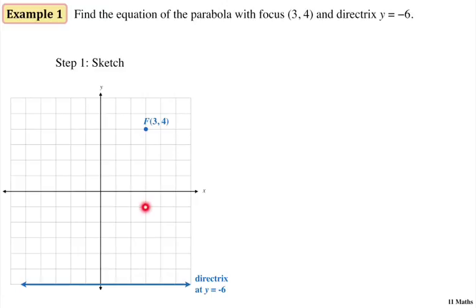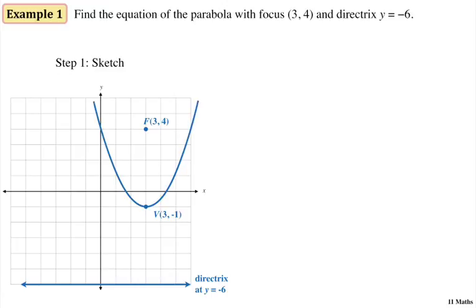So the vertex would be out 3, down 1. If you look where my red dot is, you can see there are 5 units above it and 5 units below it, so that's where the vertex would be. And it would be 3, minus 1, and obviously the parabola would open upwards.